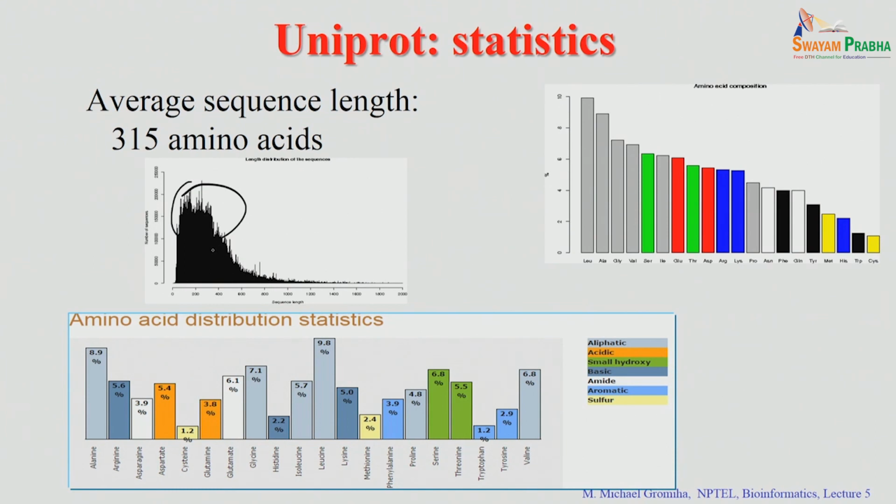Most of the proteins are small or medium range proteins, around 200 to 300 residues. You can see the higher peak around 250 to 300 residues, and some proteins are quite long, more than 1000 residues. Finally, if you take the average length, it is about 315 amino acid residues in each protein, but most of the proteins are in this region, about 100 to 400 residues.